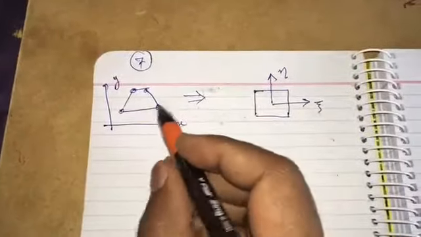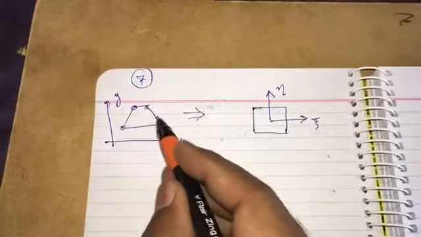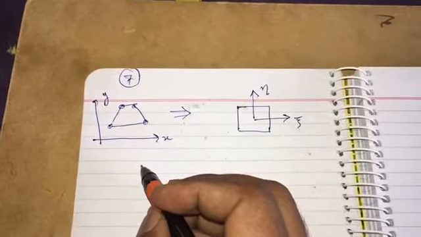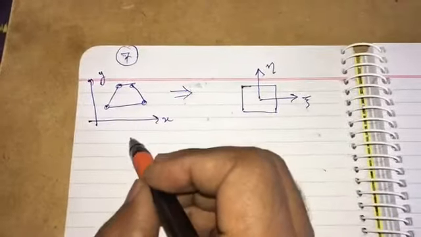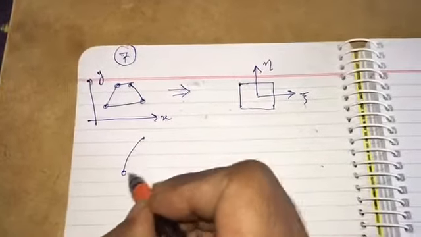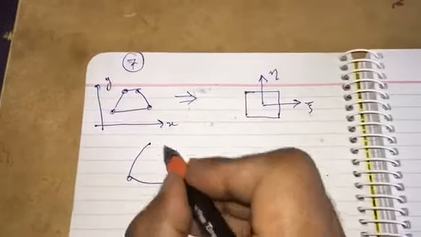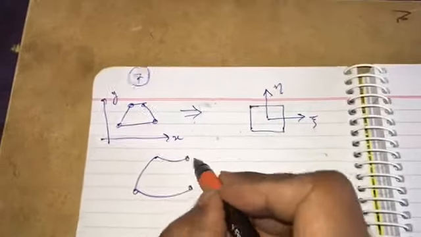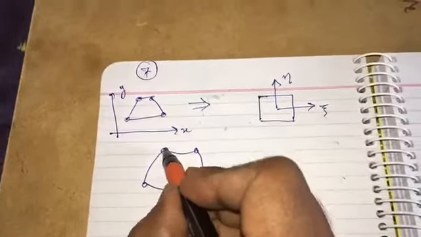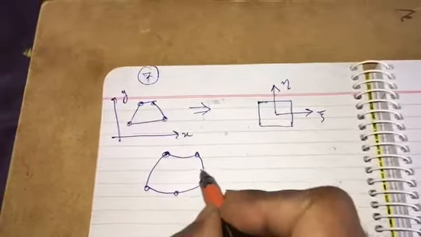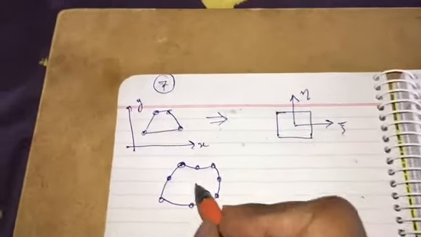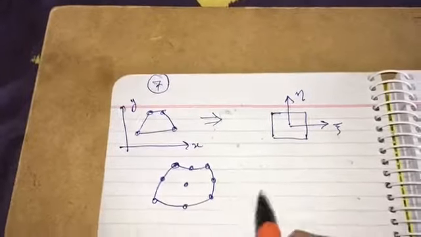Let us say instead of this quadrilateral, if we had a 9-noded element, so this is higher order element, the element could be something like this one, which has this shape.